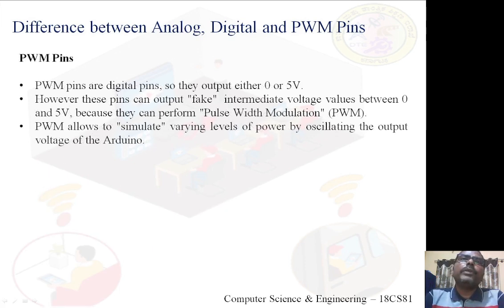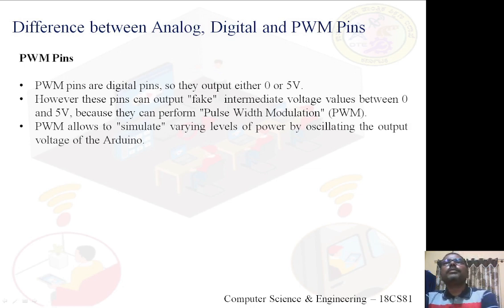Next, PWM pins, pulse width modulation pins. They are digital pins, right? We have seen PWM pins while we explored the Arduino Uno board. As they are digital pins, their output may be either 0 or 5 volts. It's very clear, because they are digital pins, either 0 or 5 volts.